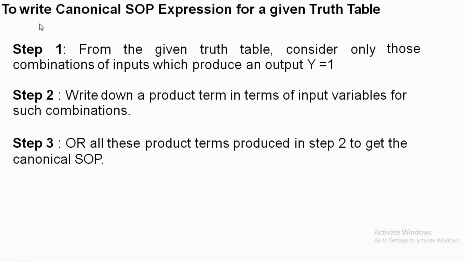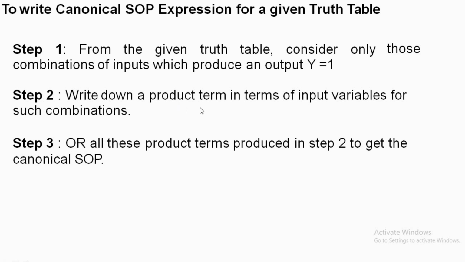Next concept: from an expression you can write down the truth table, or from a truth table you can write down the expression for SOP and POS. First we will see how to write the canonical SOP expression for a given truth table. First step: from the given truth table, consider only those combinations of inputs which produce an output Y equal to 1.